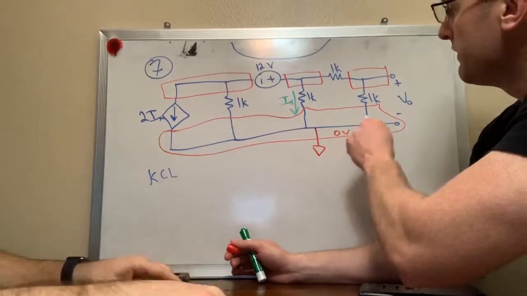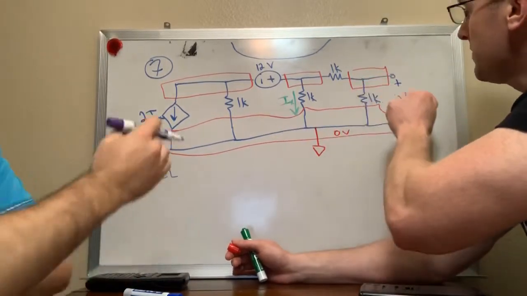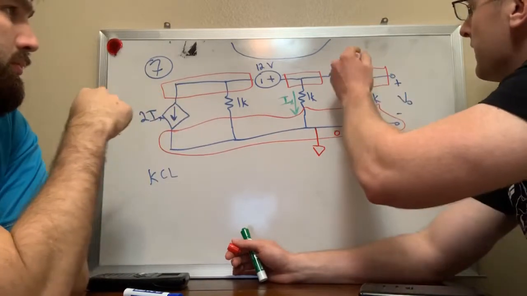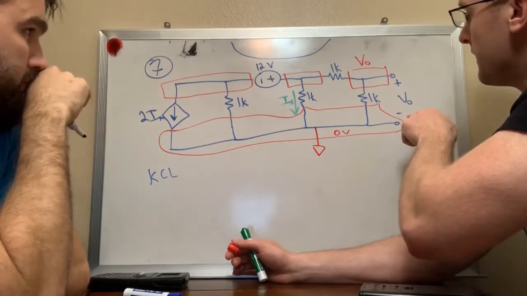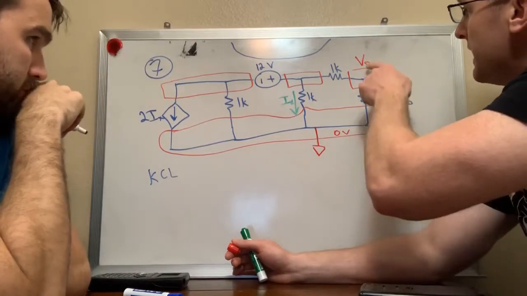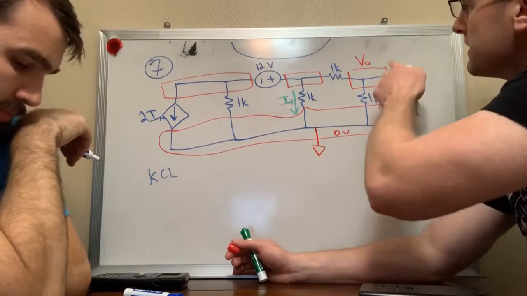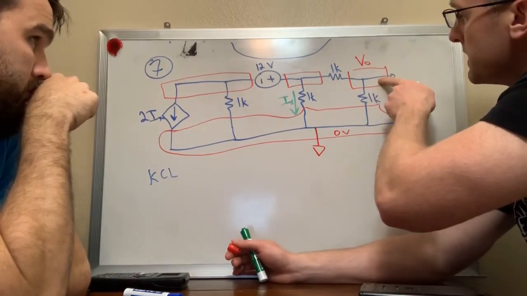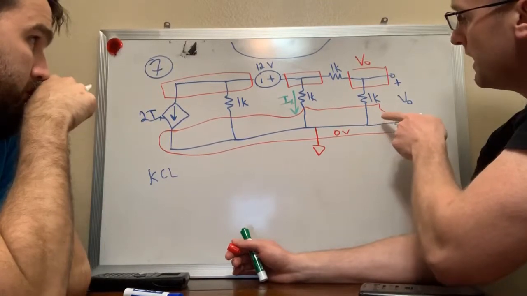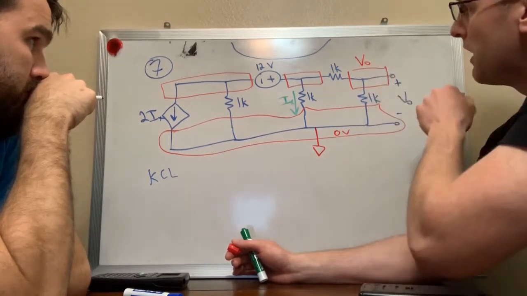We've already given this node a name, which is 0 volts. This node has a name because it's V naught, right? It's given to you that there's V out or V naught, however you want to say it. Let's say V out because it's the output. So there's V out volts between this piece of copper and this piece of copper, and so if this is 0, then it must be that this piece of copper has V out volts on it.